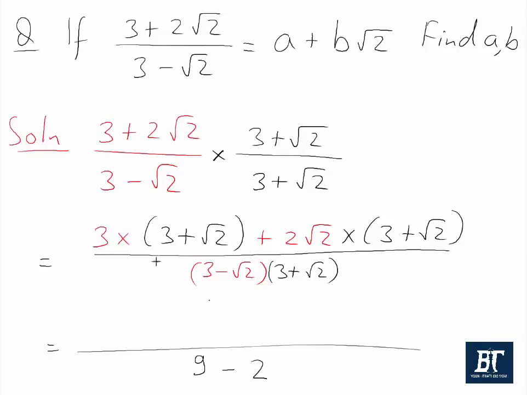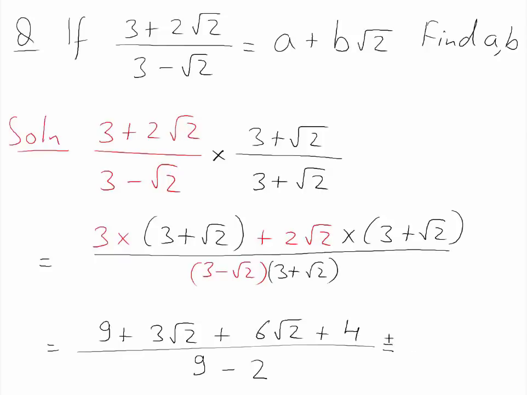In the numerator you get 9 plus 3 root 2 plus 6 root 2 plus 2 root 2 multiplied by root 2. So you get 2 into 2, which is 4. So this becomes equal to 9 plus 4 is 13 plus 6 root 2 plus 3 root 2 is 9 root 2 divided by 9 minus 2 is 7.